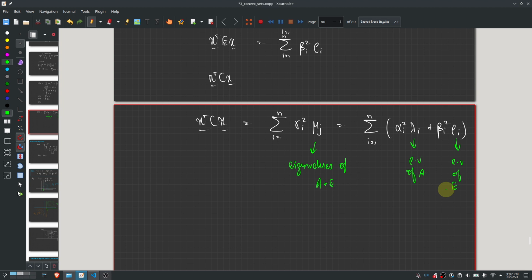And let's also assume that the norm of x equal to 1. Then what can you say about the gamma i squares?